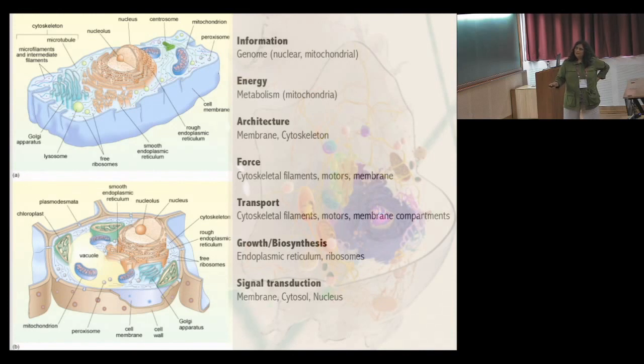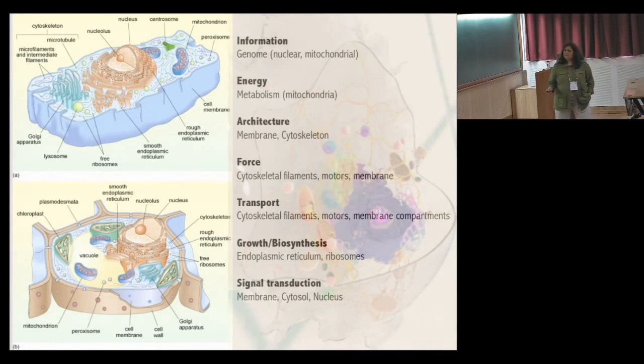And then you have ribosomes, which are really the factories that take information that's encoded in the genome and convert that information into proteins. Then we have signal transduction. You can say this is communication, and this happens at the membrane. This could be the plasma membrane or the membrane of the nucleus.